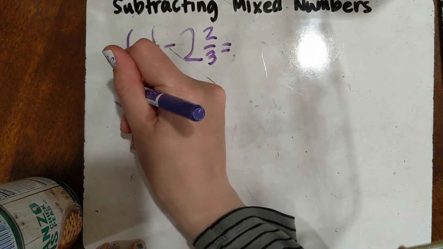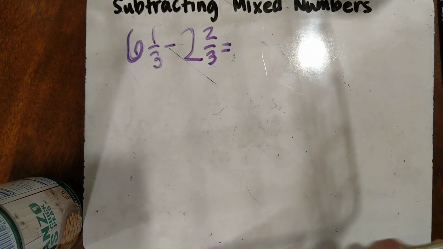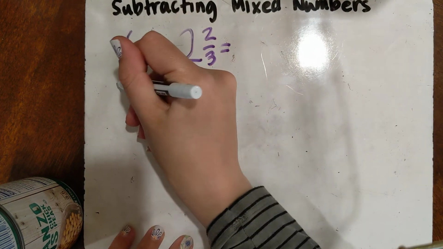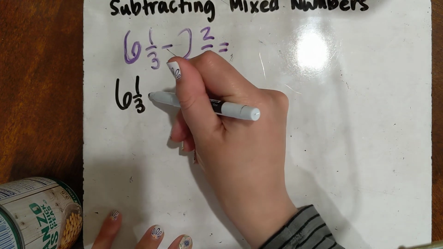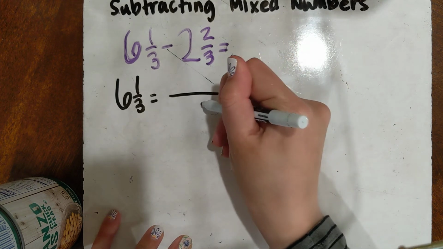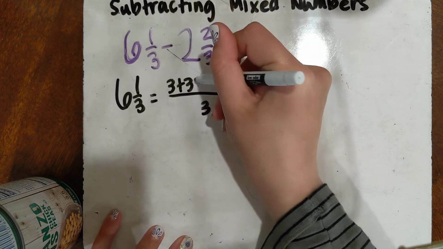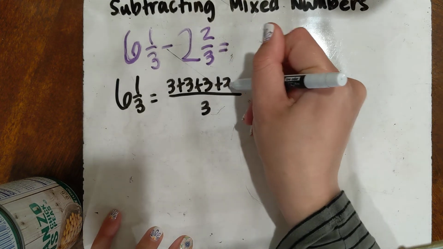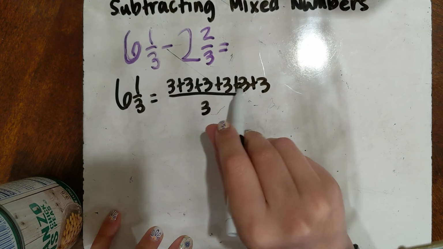If I have 6 and 1/3, maybe I'll go back to black, that is equal to, my denominator is 3, and I need 6 of them. 3 plus 3 plus 3 plus 3 plus 3 plus 3. 1, 2, 3, 4, 5, 6.